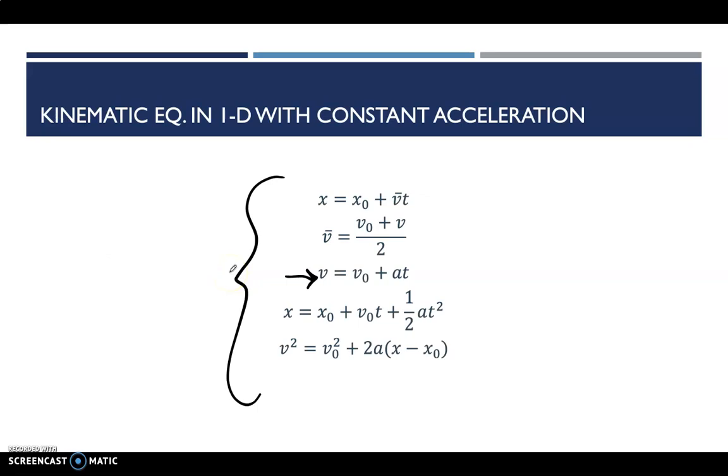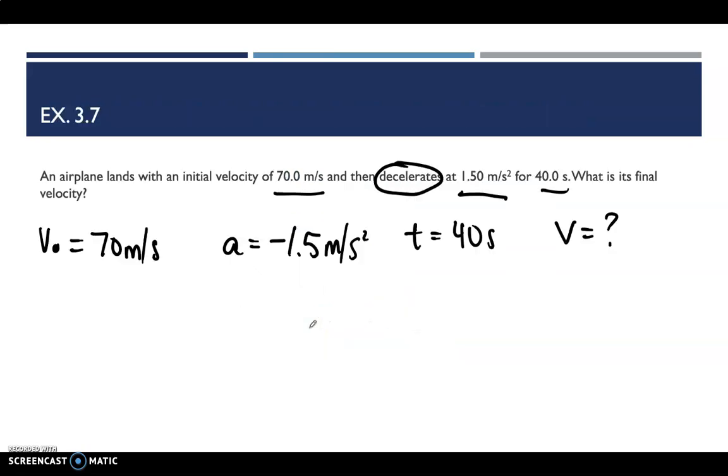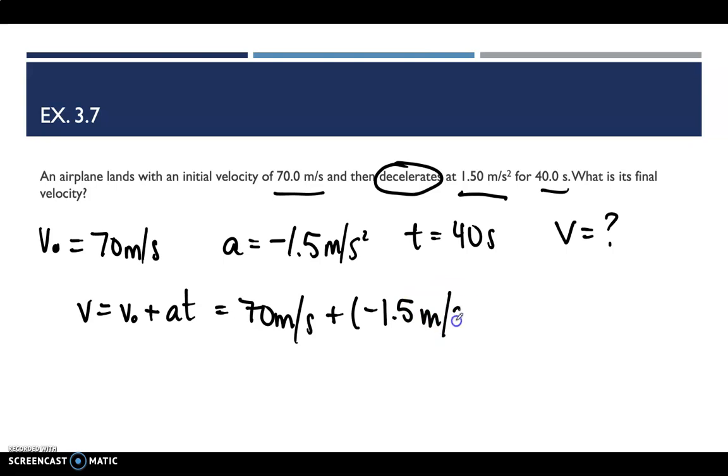Looking back at our equations, we can use this one: v equals v naught plus at. So we can plug these values in, and then use our calculator to solve it.